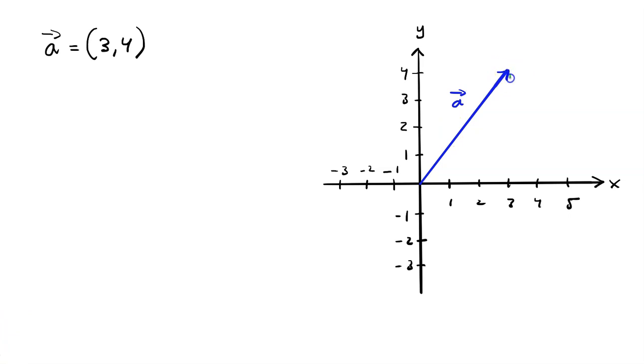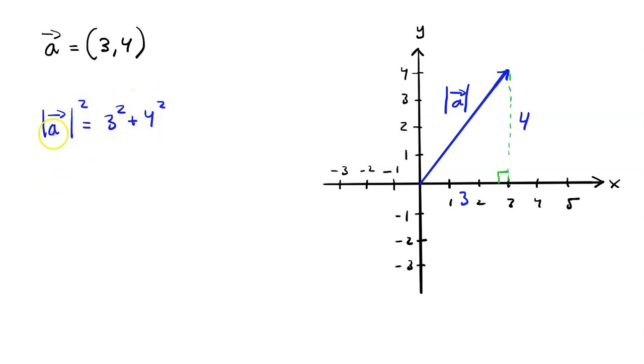But we see here that we have a right triangle. So this is a right triangle. And now we know that this side is the length of vector A. And this side here has the length 4. And the other one has length 3. So we can calculate the length of this side, the hypotenuse, by Pythagoras' theorem.